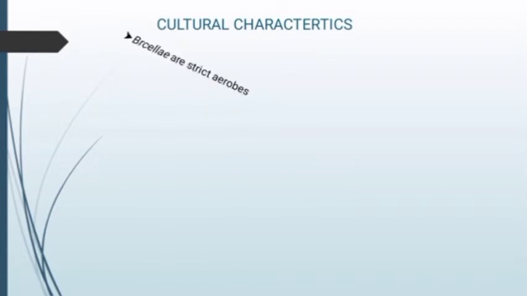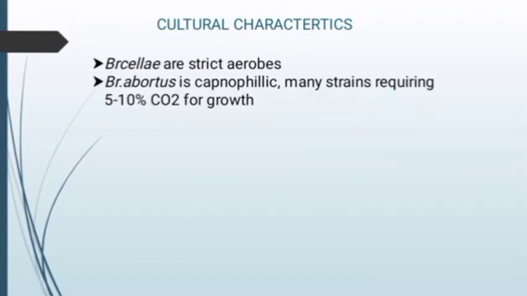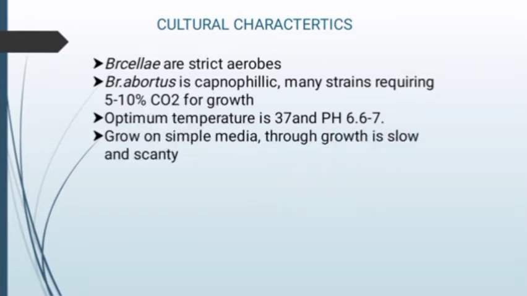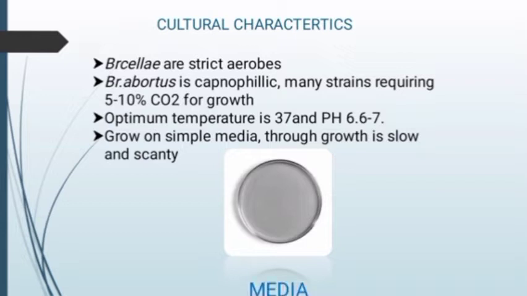Cultural characteristics. Brucella are strict aerobes. Brucella abortus is capnophilic, many strains requiring 5 to 10% carbon dioxide for growth. Optimum temperature is 37 and pH is 6.6 to 7. They grow on simple media, though growth is slow and scanty.